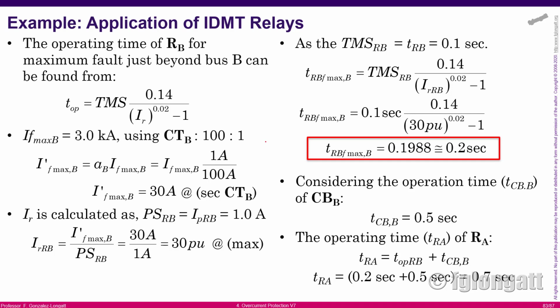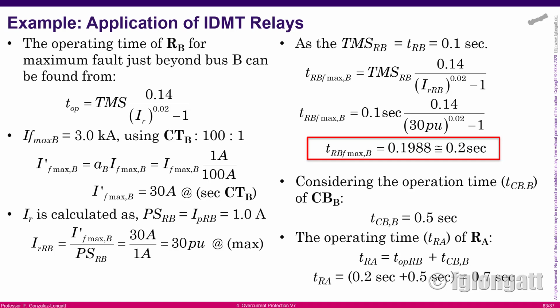Now let's assume that we are using a breaker, and this breaker is a very slow breaker. Let's say it is 0.5 seconds, the time it takes, since the signal arrives from the relay, to open the contacts, stop the current, and extinguish the arc, okay? This is the operating time of the circuit breaker.